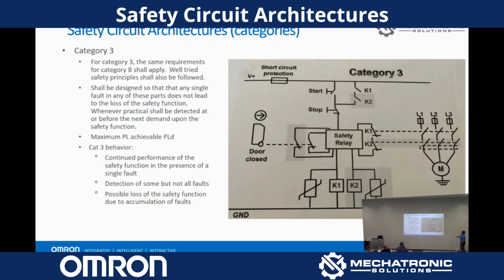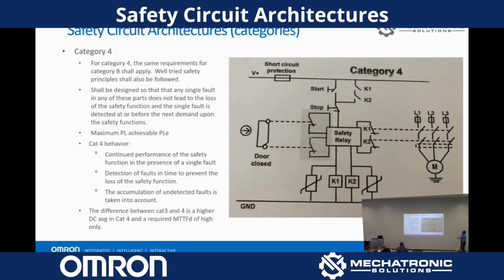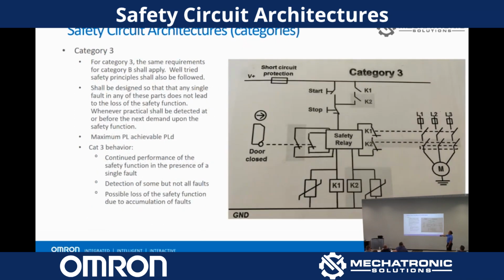Let's see. So category 3 looks a lot like category 4. The main difference between category 3 and category 4 is this feature here, where the accumulation of undetected faults is taken into account. For category 3, if we have a situation where there are multiple faults, it could, with very low probability, defeat the safety system.